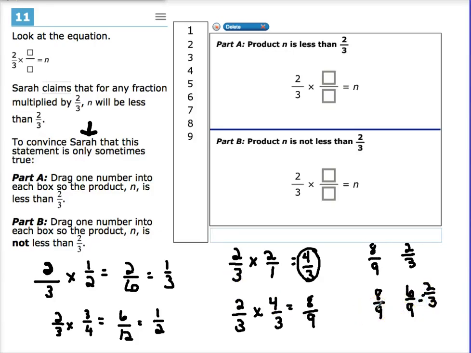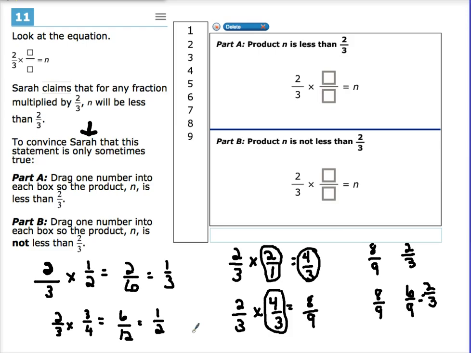It's equal to 2/3. So I've got two examples here where I could multiply by a fraction, but look what I noticed about my fraction. It's an improper fraction. And I proved that you could have multiplied by a fraction where your answer is not less than 2/3.